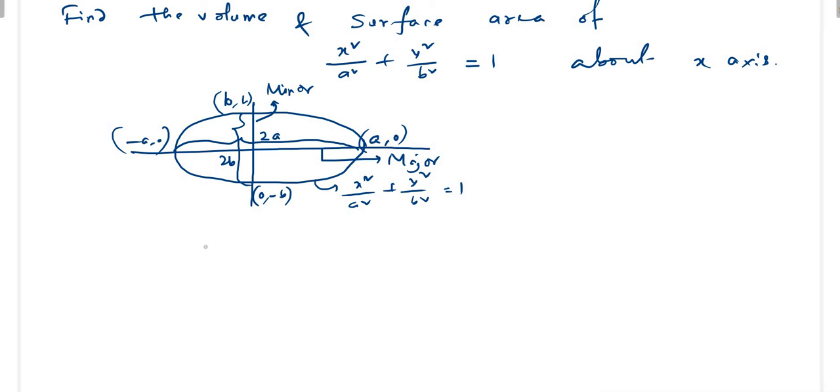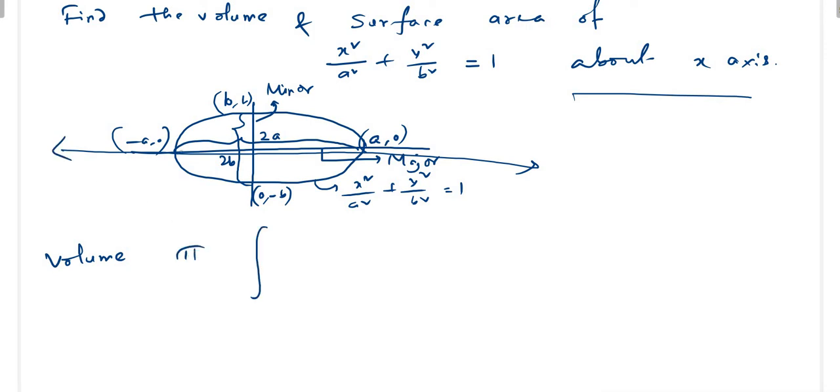Now, find the volume of the solid formed by the rotation. So look at this question. Volume about x-axis. If we are rotating around x-axis, it will be pi times the integral of y square dx, with the range of x from minus a to a.